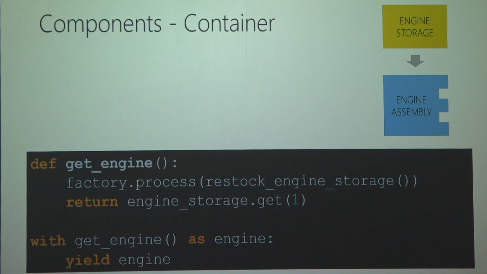So now, if we want this to ask for an engine, we can use a GET request, but first we will start the restock engine storage process to check if we need to order new things. And you can see here, with get engine, this is a process.